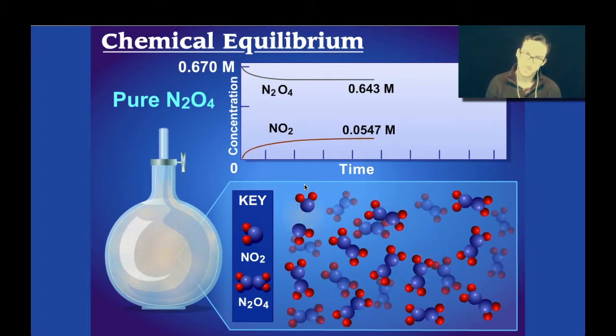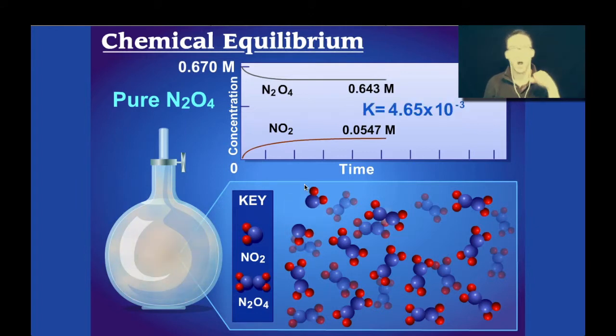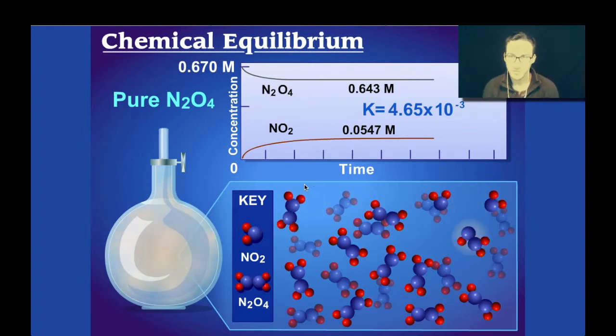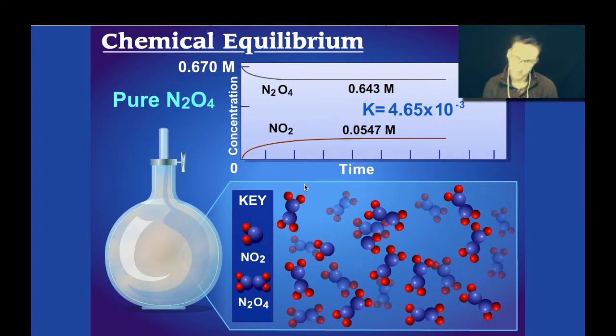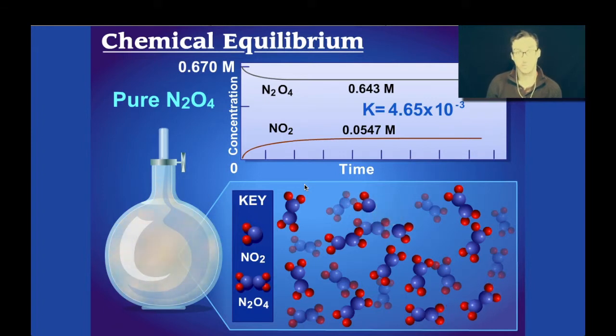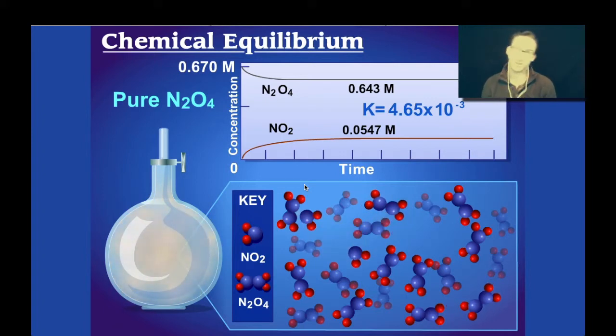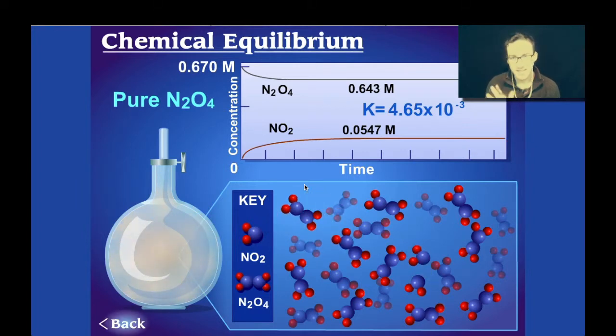Calculating the equilibrium constant, K, we find K equals 4.65 times 10 to the minus 3. It's a constant. Recall that when chemical equilibrium has been reached, the reaction has not ceased. At equilibrium, the rates of the forward and reverse reactions are equal, and thus the concentrations of reactants and products remain constant.